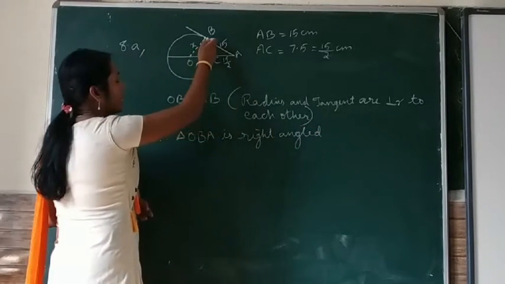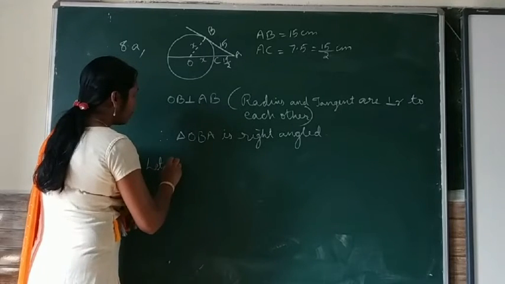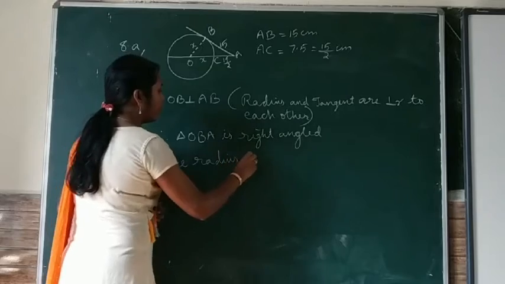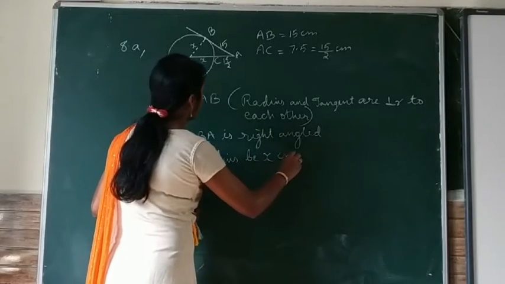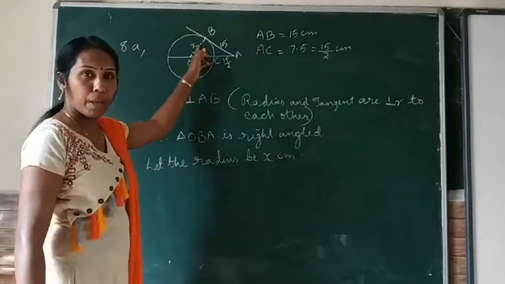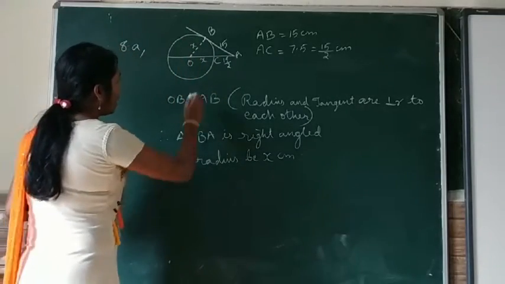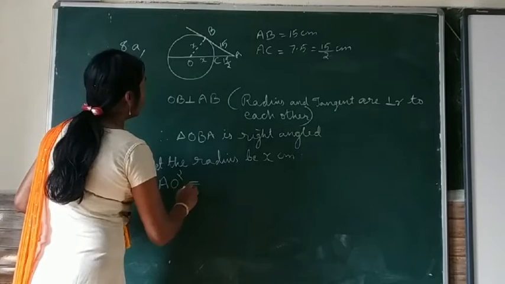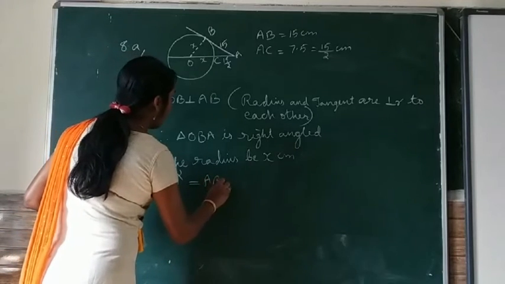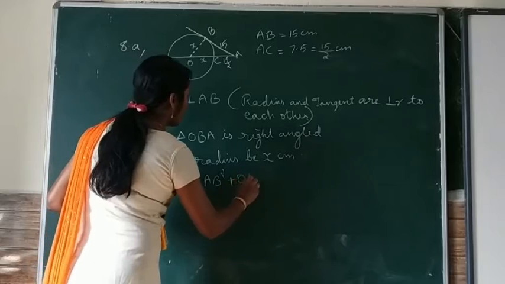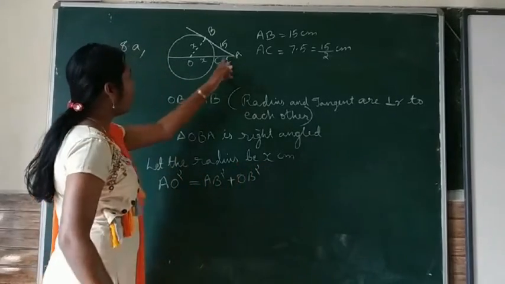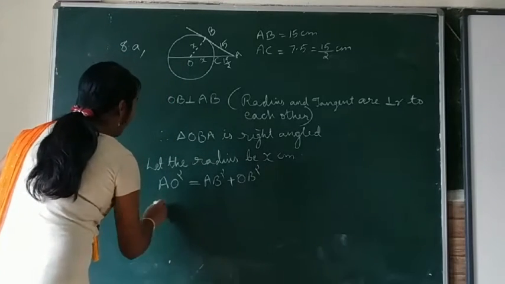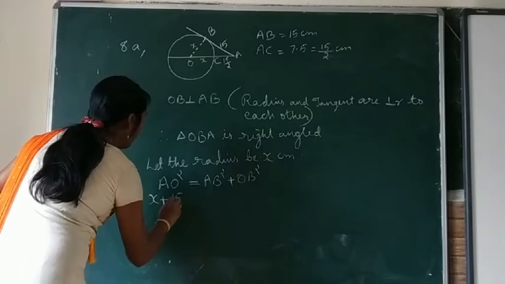We can take the radius as x. Let the radius be x centimeter. Now, in this triangle, we can apply Pythagoras theorem. That is, AO square is equal to AB square plus OB square. Now, AO is AC plus OC, that is x plus 15 by 2.